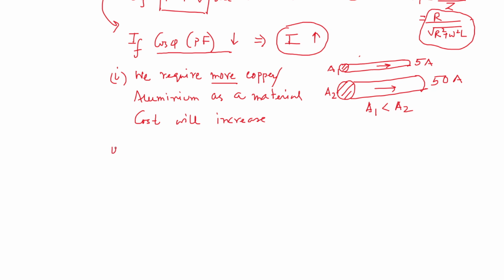The second issue is that if current is more, the immediate conclusion is that I square R, which is called power loss, will be more.